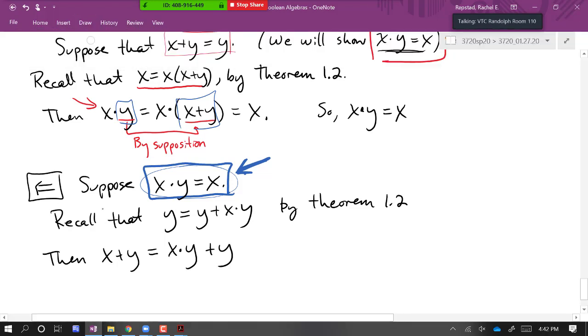So this is by supposition. And what's this equal to?